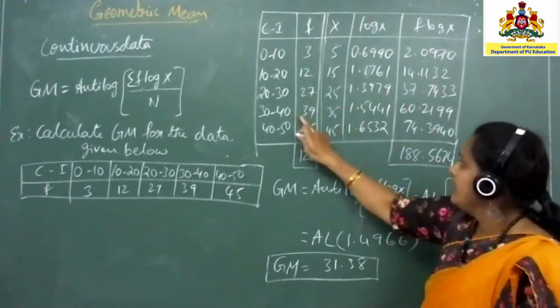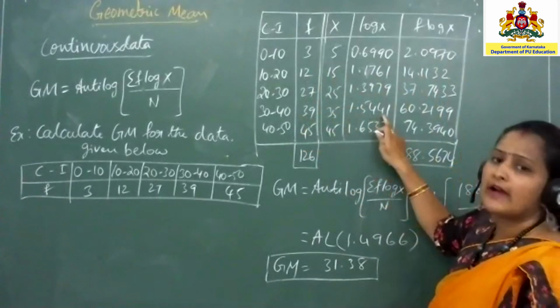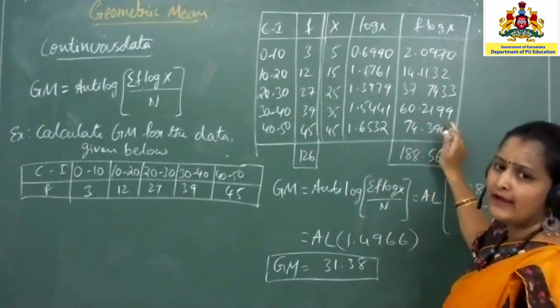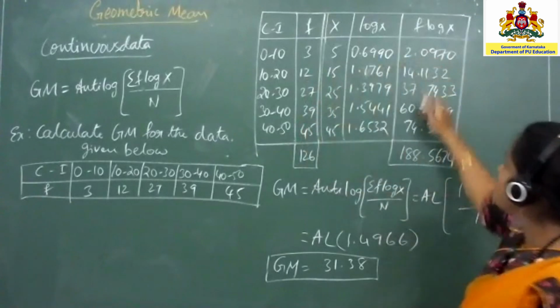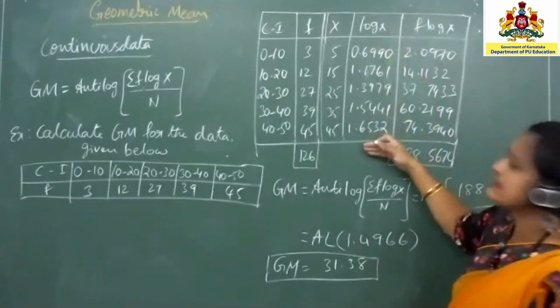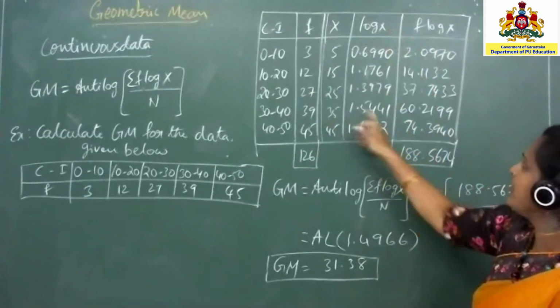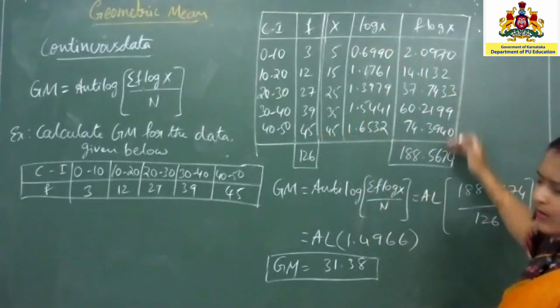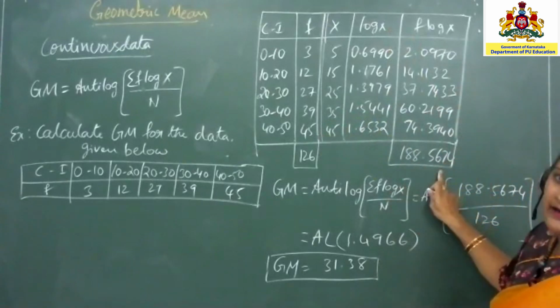Then 39 into 1.5441 is 60.2199. Like that you need to calculate f into log x. f is the second column and log x is the fourth column. You multiply these two and you get this value. Then you add all these to get summation f log x.